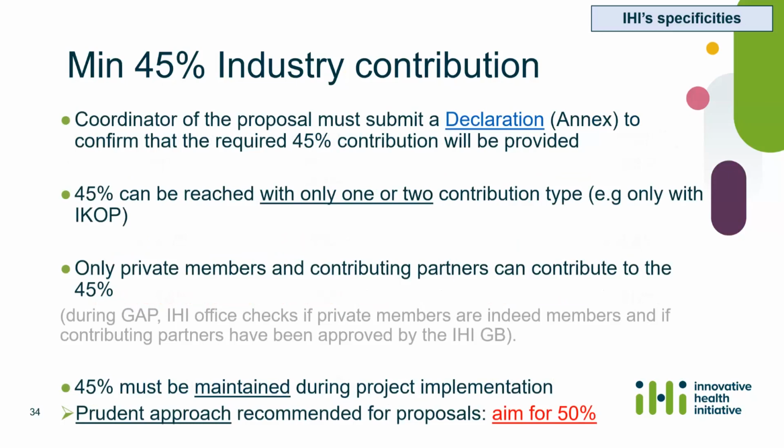And so that's why IHI would recommend to try to aim for 50% instead of 45, just in case during the project implementation one of the private members has a decrease of ICOP, for instance, that would impact the 45%, and at least you have no issue. So as a prudent approach, IHI would recommend aiming at 50% instead of 45%. But even though the 45% remains the formal limitation, of course.